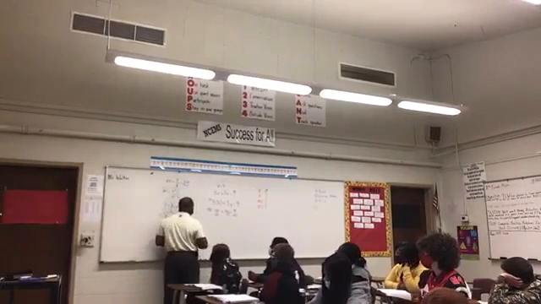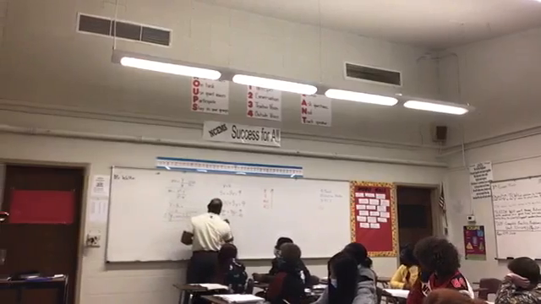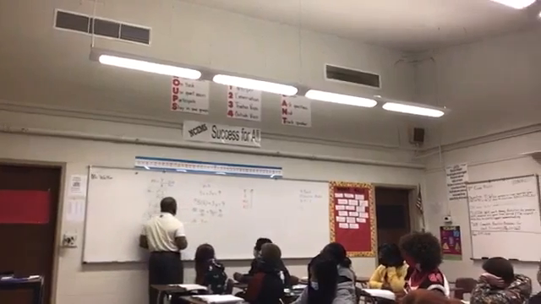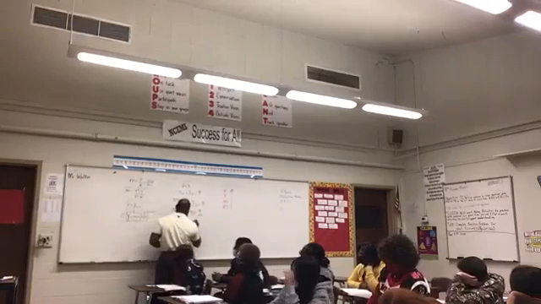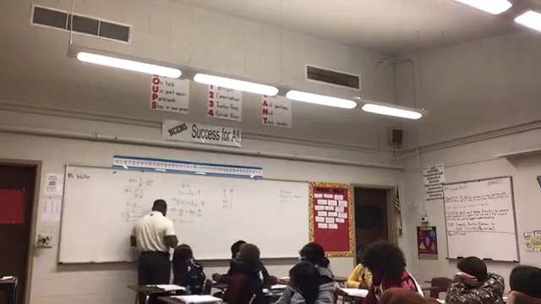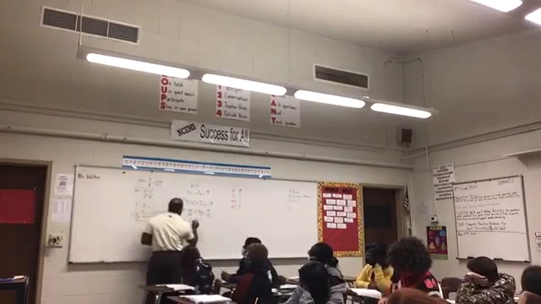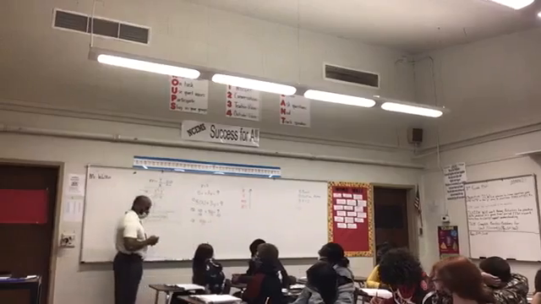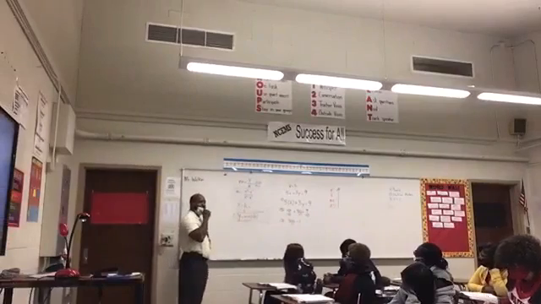10 minus 10, 0. So we're left with 3y on the left equals 9 minus, good, negative 1. So we're still trying to isolate y. What operation are we doing with 3 and y, Corey?